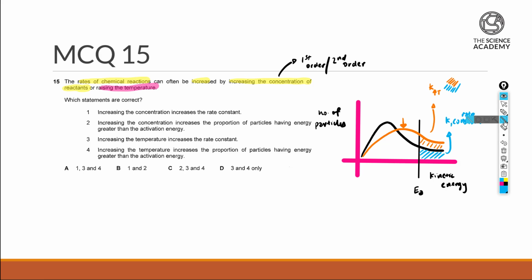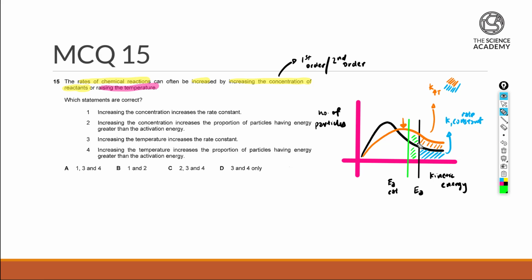So another way that we can actually adjust the rate constant apart from using temperature is also to change with the usage of a catalyst. So a catalyst, what it does is that it brings down your activation energy. And by bringing down the activation energy, you can see that there's now additional shaded area to be seen.